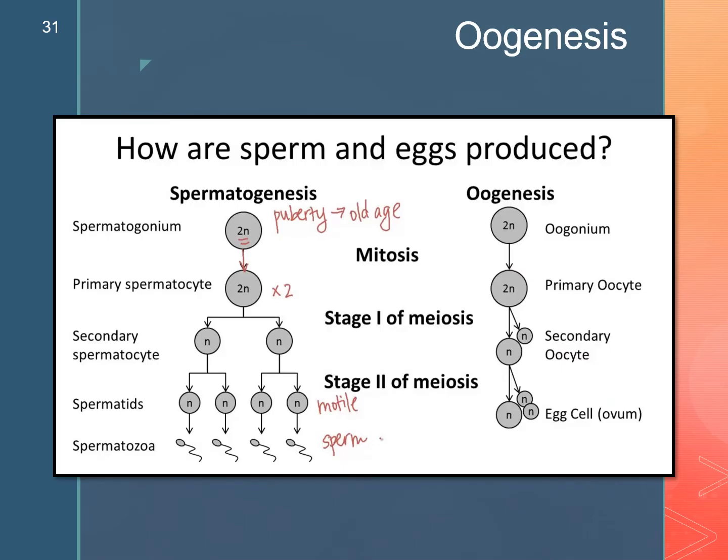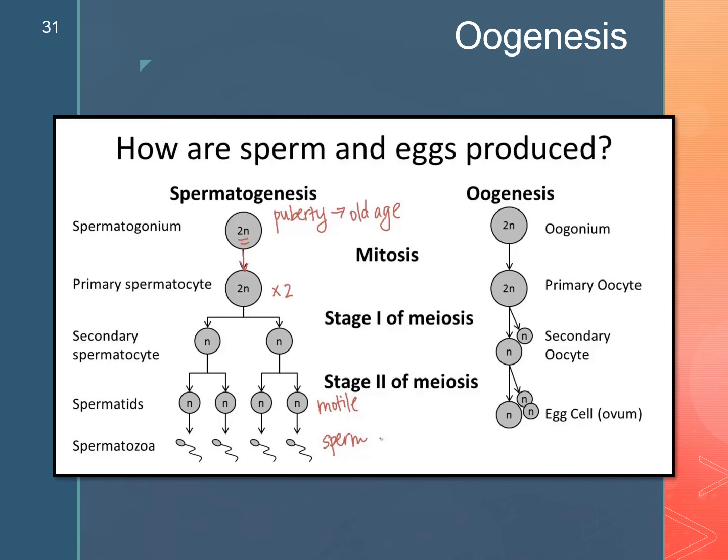Similar to spermatogenesis, oogenesis also includes two meiotic cell divisions. And you can see here that the oogonium, which is the immature female reproductive cell, divides, and that becomes the primary oocyte. That is a mitotic division, so that's mitosis.